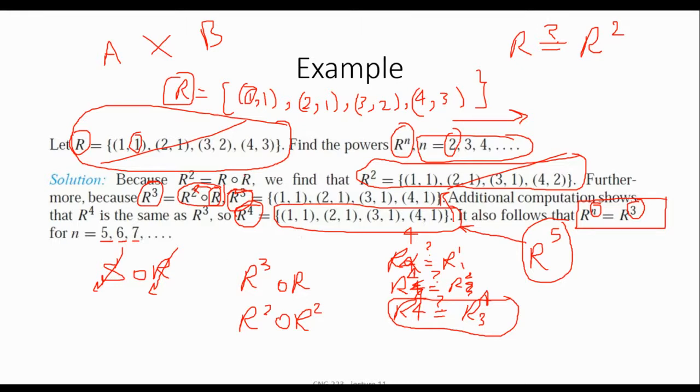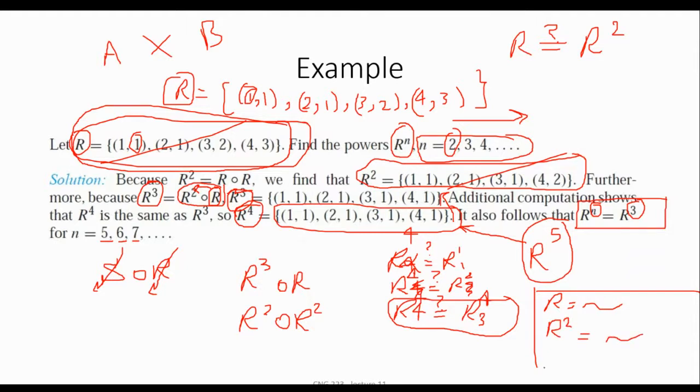So what should I do in terms of the final answer? In the final answer, you write the elements of R here, like this. Then you write the elements of R power 2. Then you write Rn, and you define it, and you say this one holds from n starting from 3. But in order to be specific exactly, we are not talking about real numbers or integers.